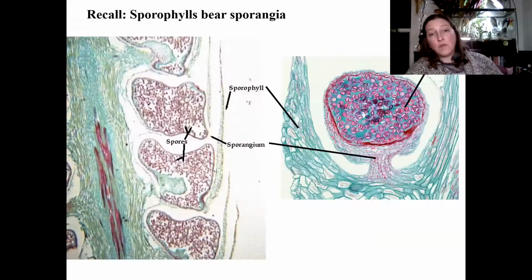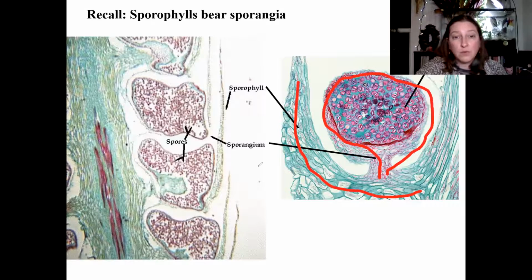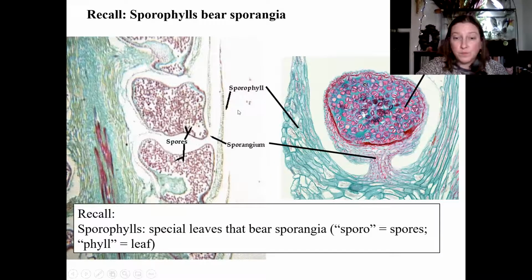We saw this before, but this is a nice microscope slide to show you sporophyll bearing sporangia. Here's the sporophyll. Here's the sporangium coming out on top.